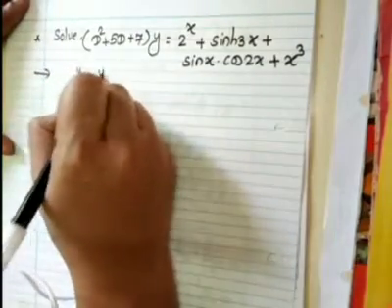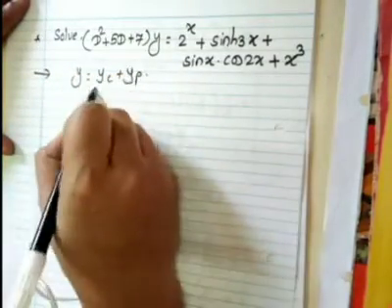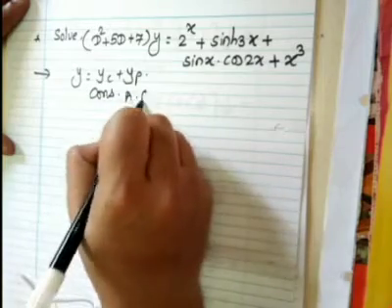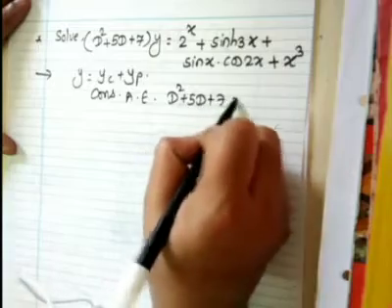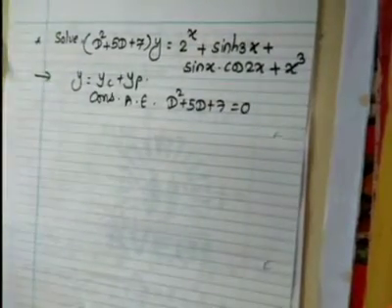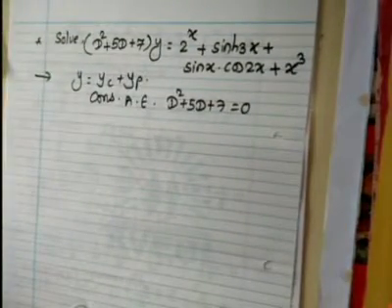General solution y is yc plus yp. To find yc, you have to consider the auxiliary equation, that is D square plus 5D plus 7 is equal to 0. Solve for this and tell me the roots.